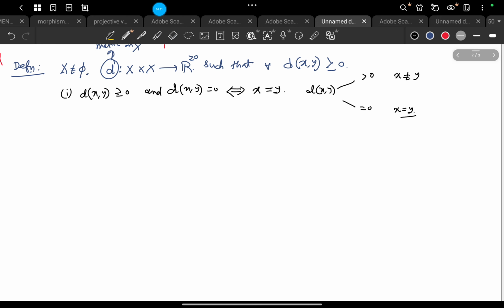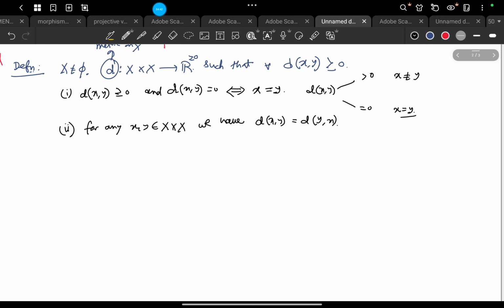Okay, number one. Number two, for any x comma y belonging to x cross x, we have d of x comma y is the same as d of y comma x.